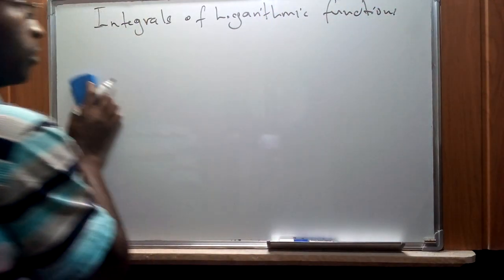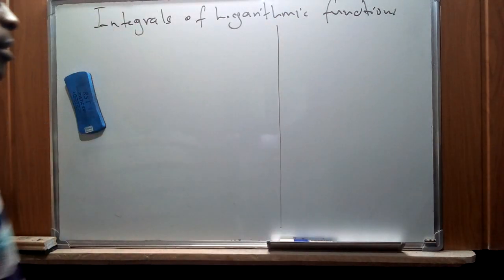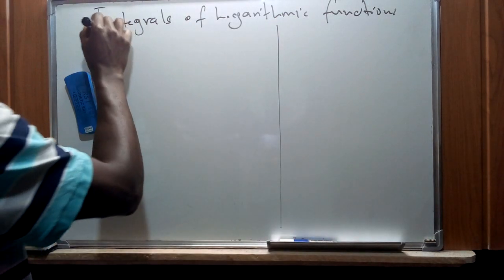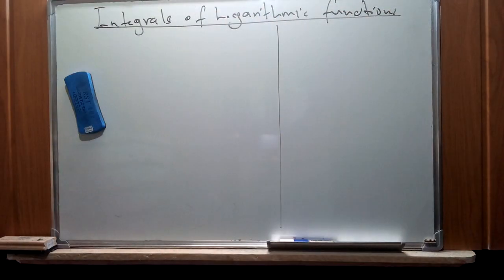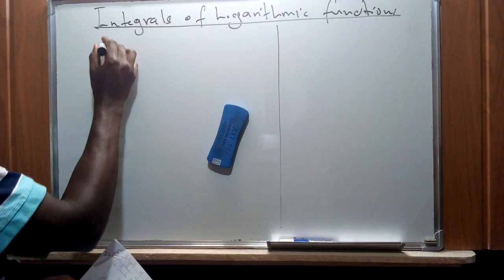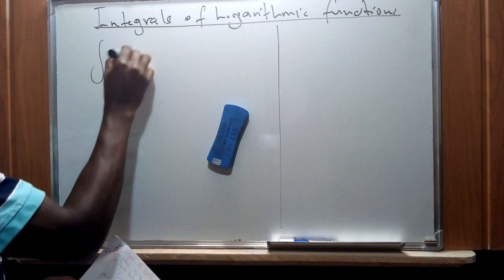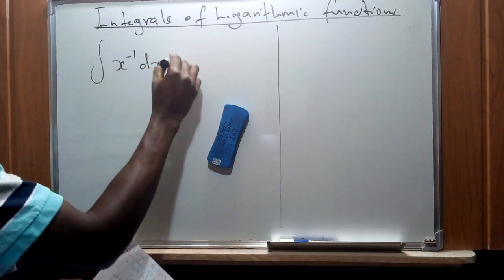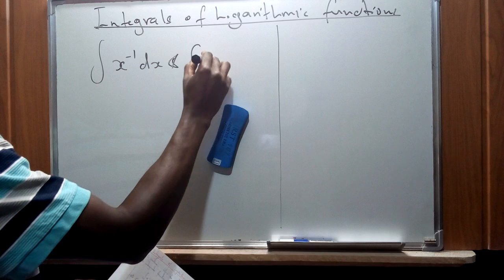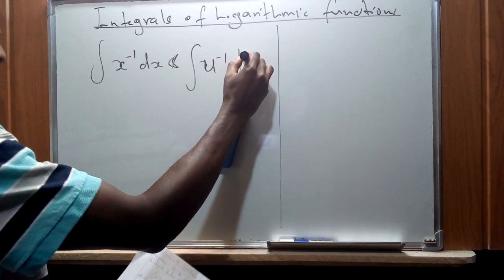In this case, I'm also going to try to write the basic rules that we're going to use in doing integrals of logarithmic functions. So there are two basic rules that we are going to apply. Before we go to that, these logarithmic rules for integration allow us to integrate functions of the form the integral of 1 over x dx and the integral of 1 over u du.